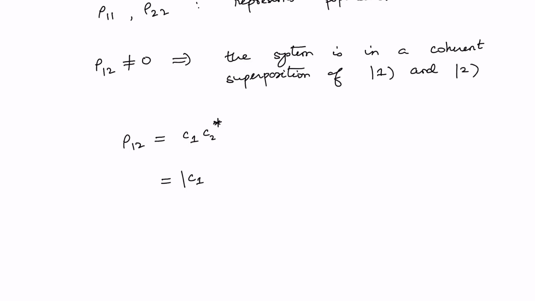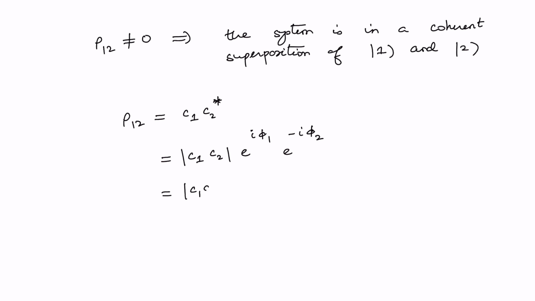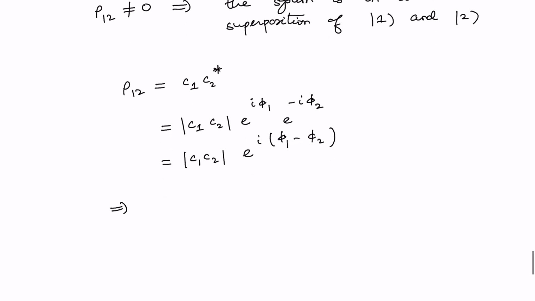If I talk about the amplitudes, the moduli of C1 and C2, and their corresponding phases, I can write for C1: mod C1 e to the power i phi 1, and for C2: mod C2 e to the power i phi 2. Then its complex conjugate C2 star would have the phase term minus i phi 2, which I can write as mod C1 mod C2 e to the power i (phi 1 minus phi 2).